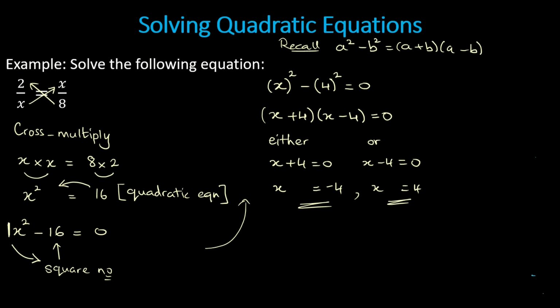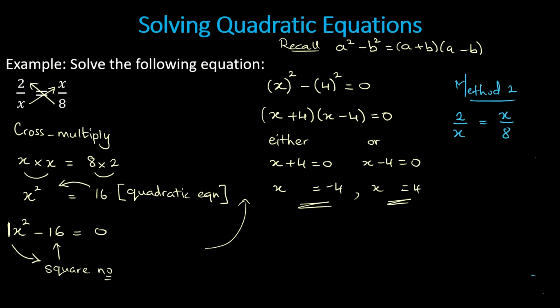I take the given equation again. Let me do it here. The method number 2. So we are given this equation 2 over x equals x over 8.